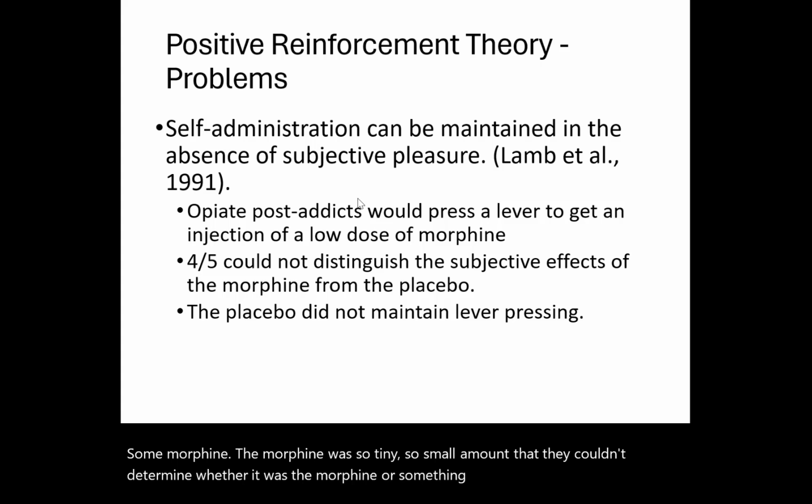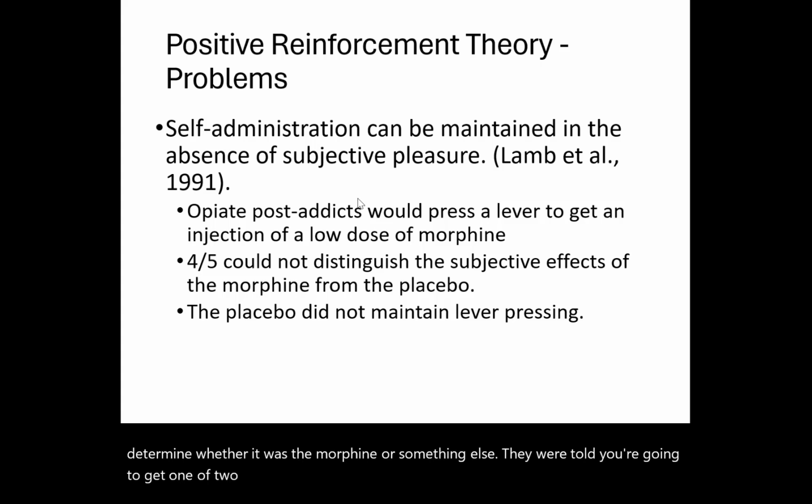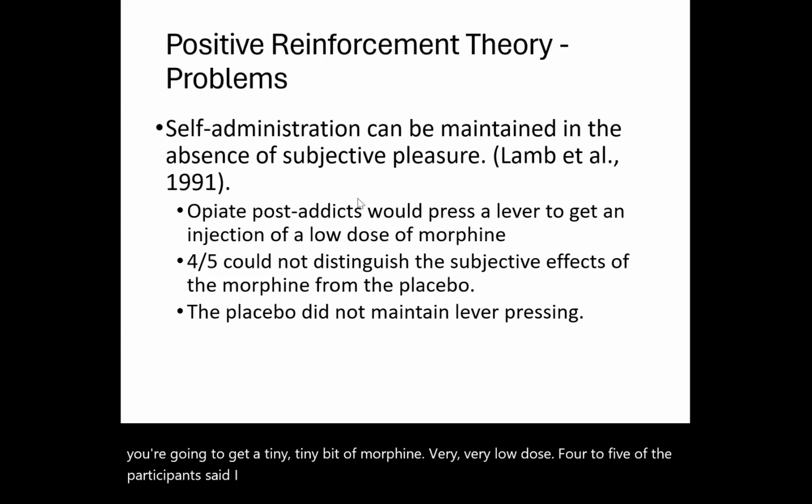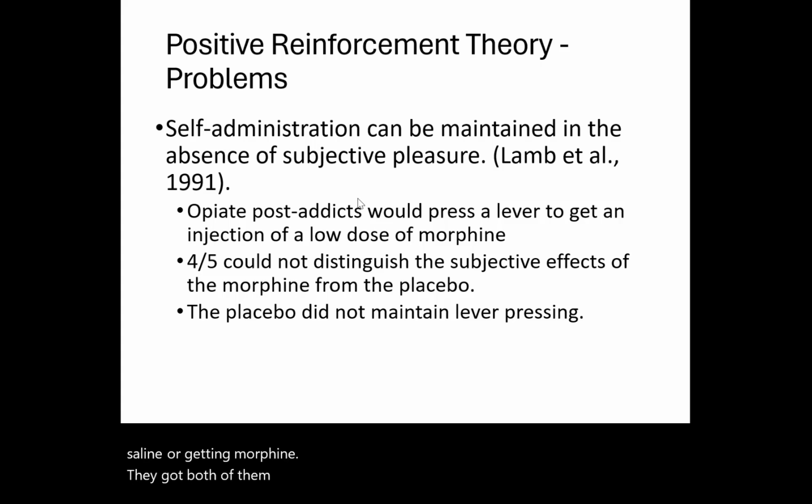They were told, you're going to get one of two things. You're going to get saline solution, salt water, nothing, or you're going to get a tiny, tiny bit of morphine, very, very low dose. 4 out of 5 of the participants said, I can't tell. They couldn't tell the difference between getting saline or getting morphine. They got both of them, and they couldn't tell the difference.